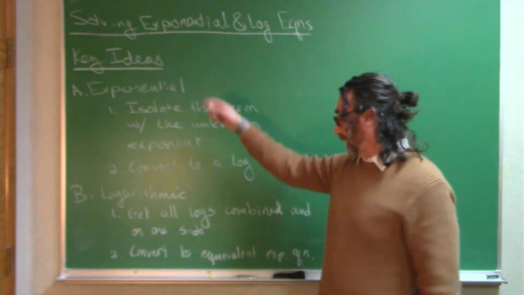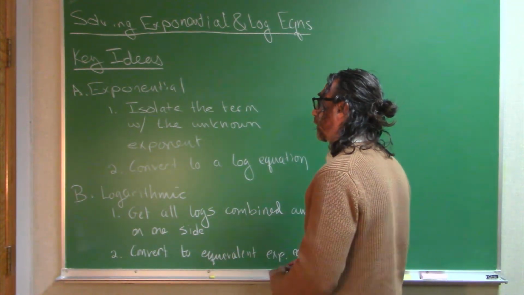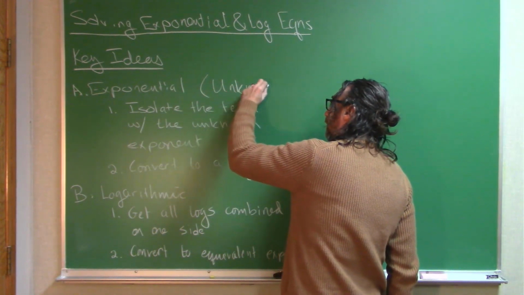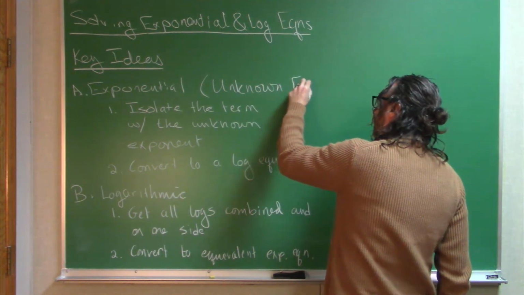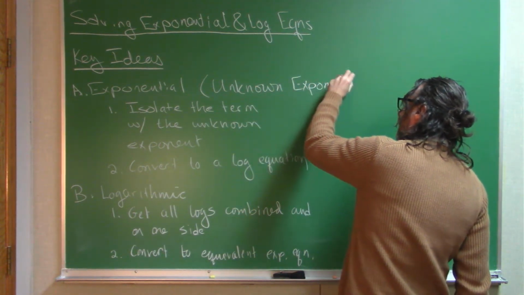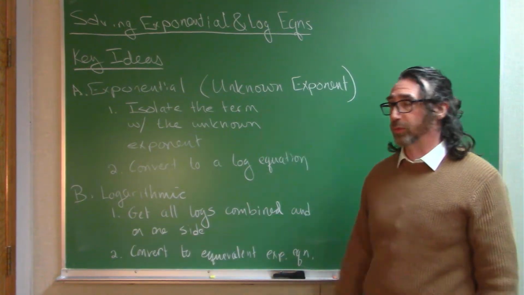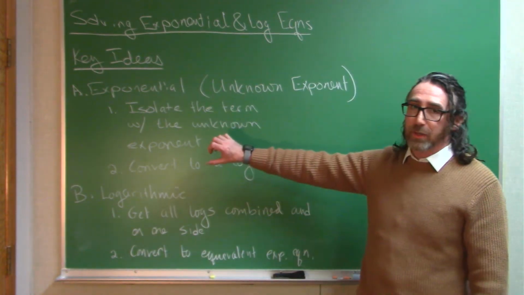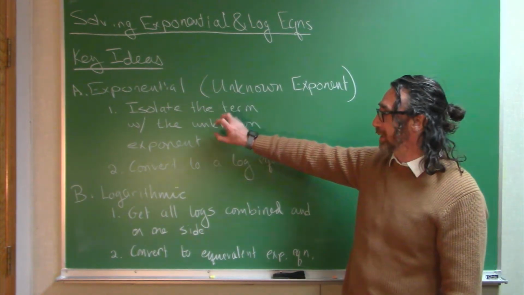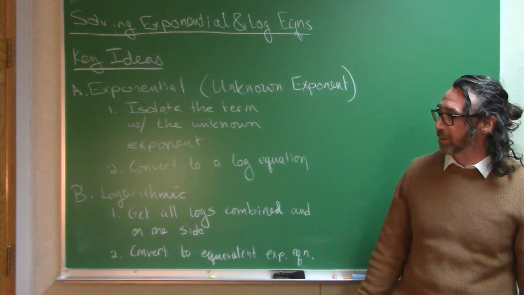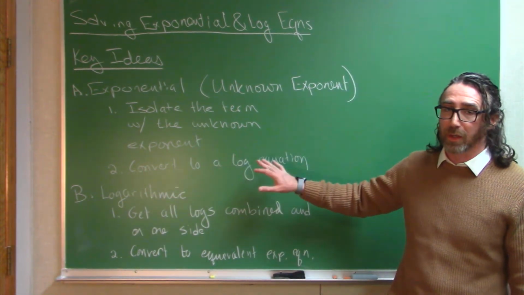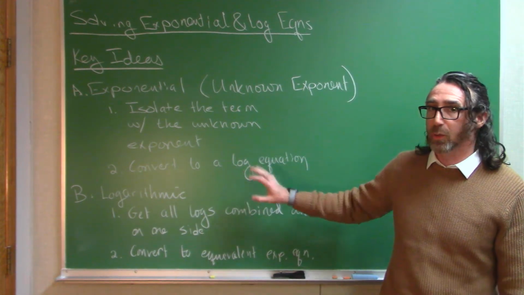Because if you have an exponential equation, and of course by exponential equation I mean an equation with an unknown exponent, the strategy is first, isolate the term with the unknown exponent, and then second, convert to the equivalent logarithmic version of that equation.